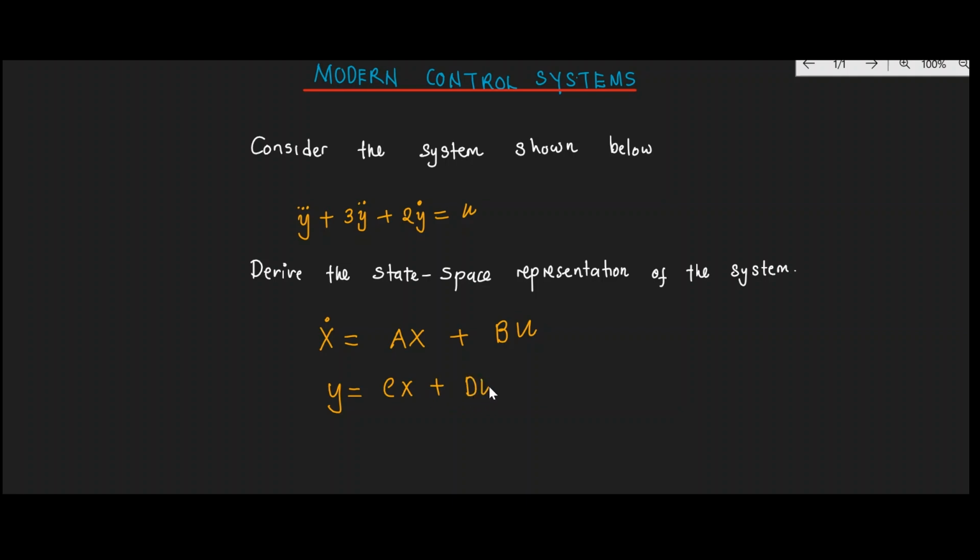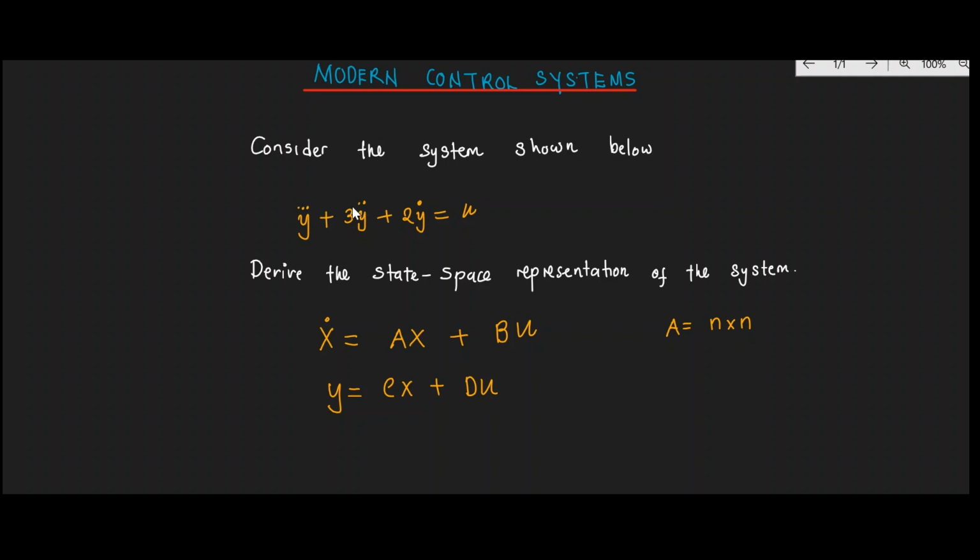And then we also have the output equation. You need to understand that the A matrix is an n by n matrix. So what is n? n is simply the number of state variables that you need to represent your system. In simpler terms, if you have a third order system, the matrix will be a 3 by 3 matrix.